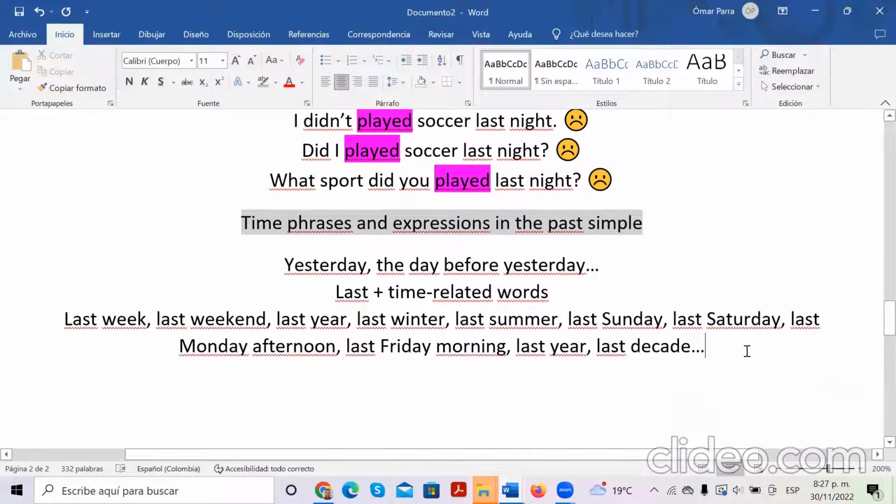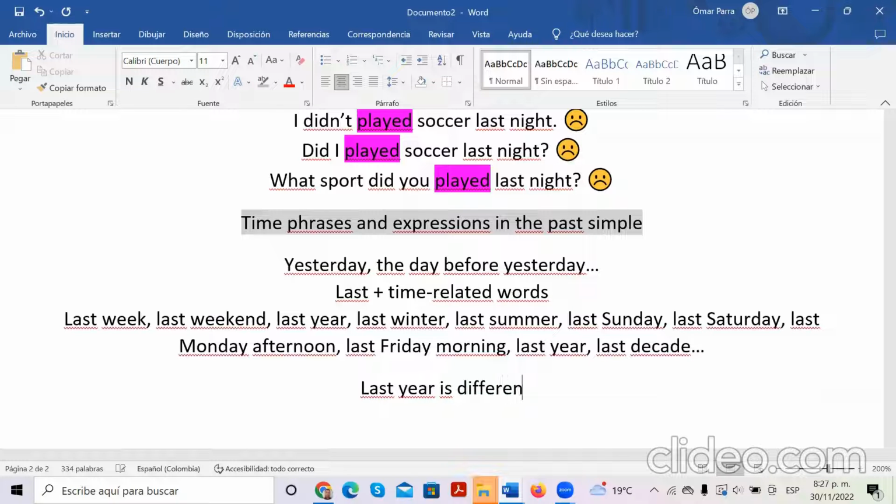Now, be careful. Last year, this is just an example. Last year is different from the last year. I'll tell you the difference for you to see how important it is not to make this mistake, which is very commonplace, but it's okay. No worry.